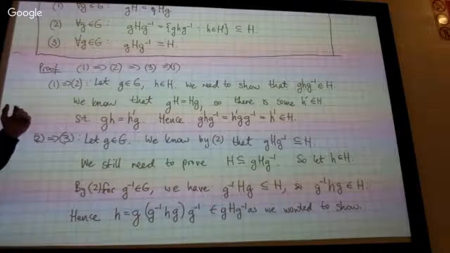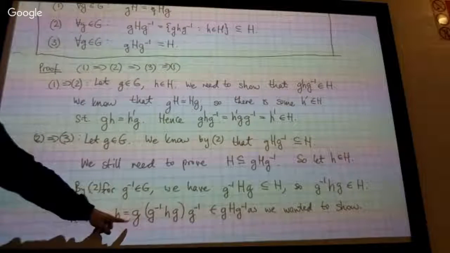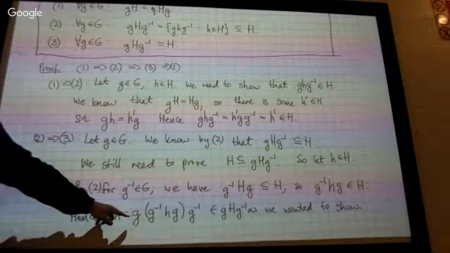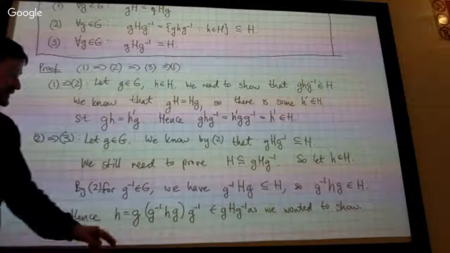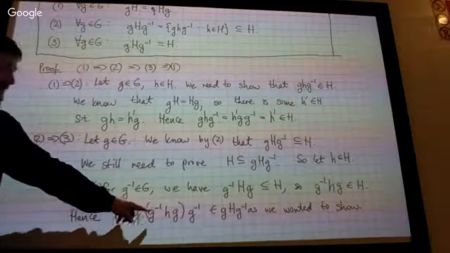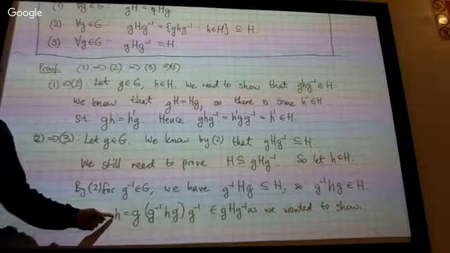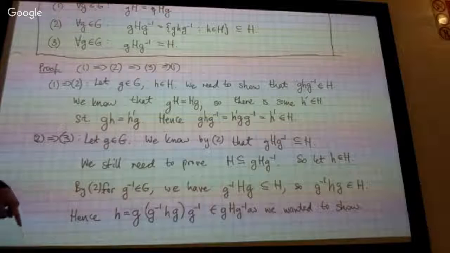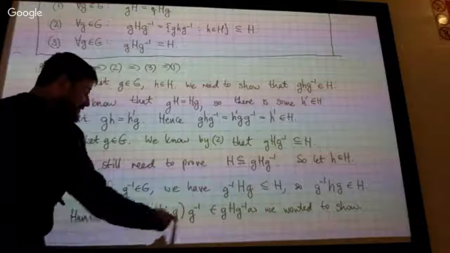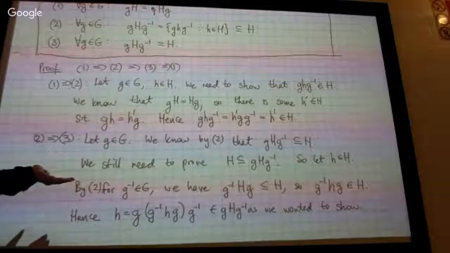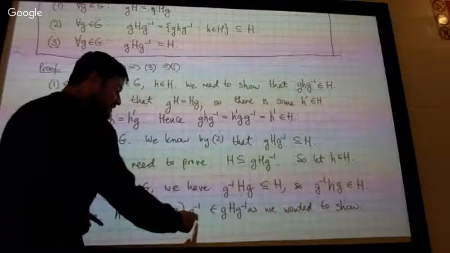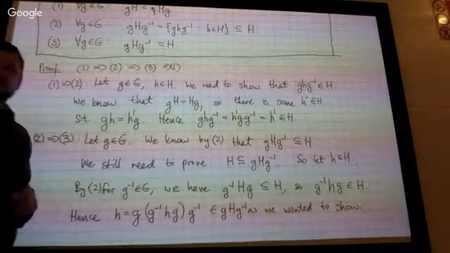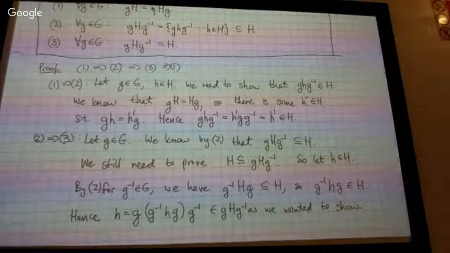Now, what we do is we write H in this way: G inverse, H, G inverse. G inverse G is the identity, so it actually is H. Now, if we can show that this bracketed thing is in the subgroup H, then H is in GHG inverse. That's the goal.